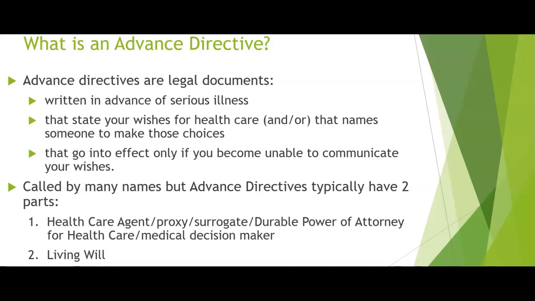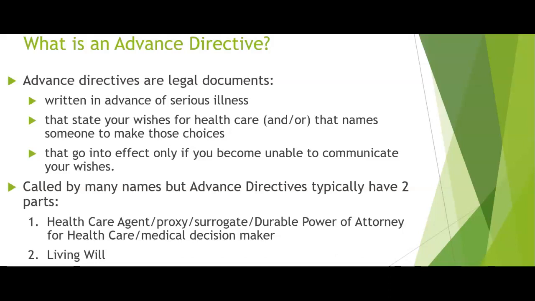It's called by many names, but advance directives typically have two parts. The one part is the medical decision maker. Who's going to make the decisions for you if you cannot? Some states call that the healthcare agent. They call it a healthcare proxy in others, a healthcare surrogate in others.